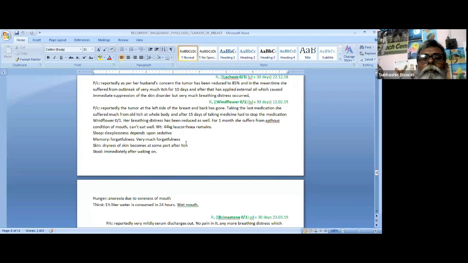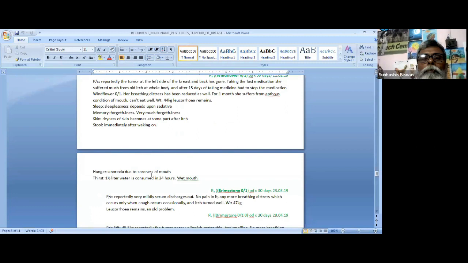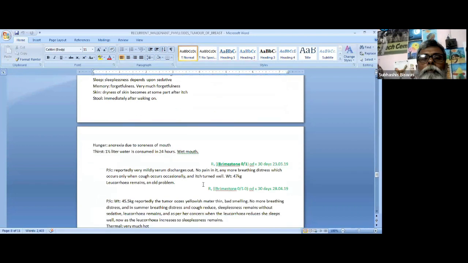She used to have stool long hours after waking, but after 15 days of taking wind flower, she starts having stool immediately after waking. Anorexia due to soreness of mouth. She consumed only 1.5 liter in 24 hours, wet mouth.